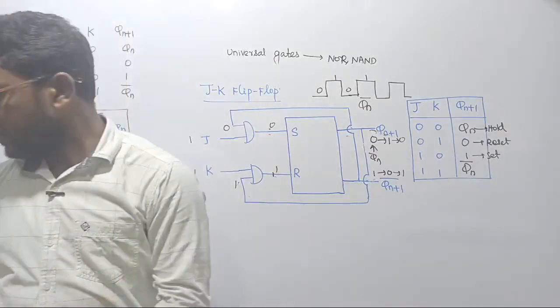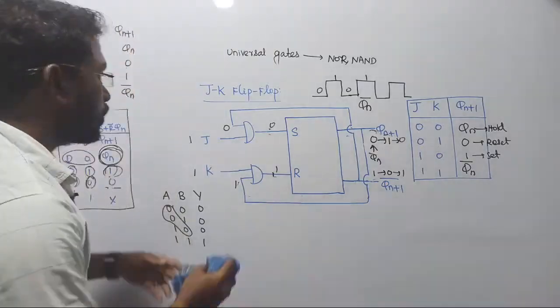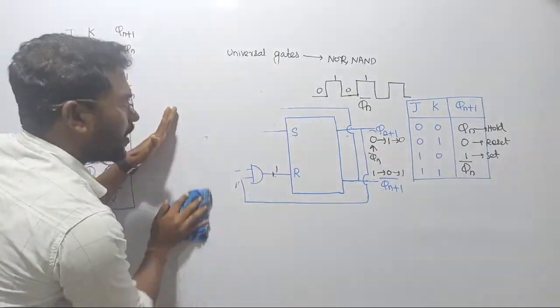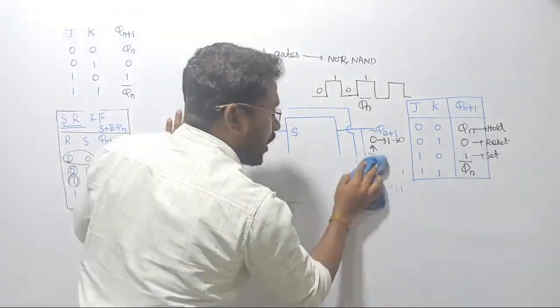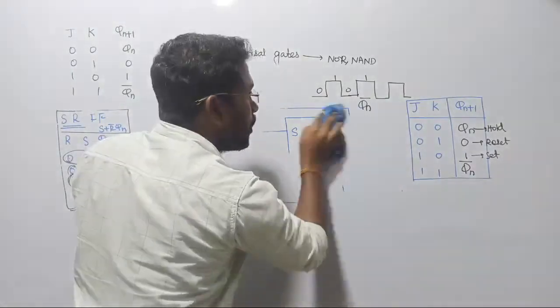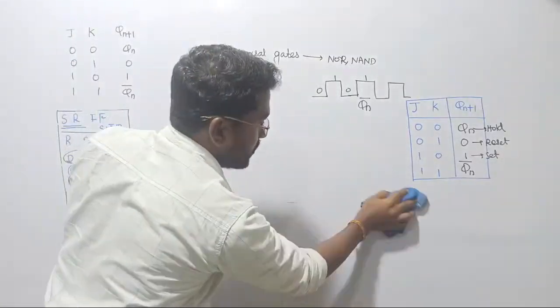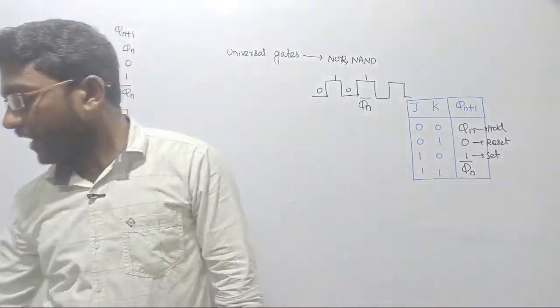So let us design the characteristic table, right? Immediately our next task is to design the characteristic table. We all know characteristic table means we have to consider the present input and the past output of the system in order to guess the present output of the system, right? So let us bring the characteristic table.